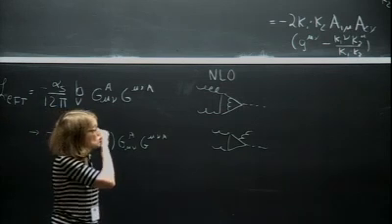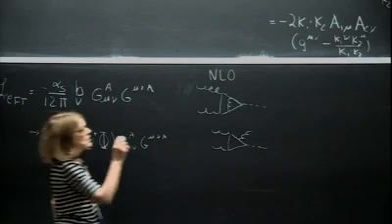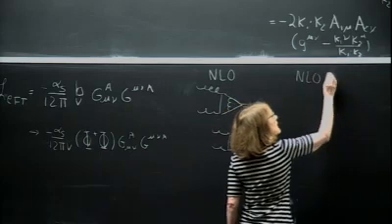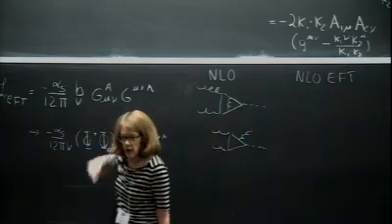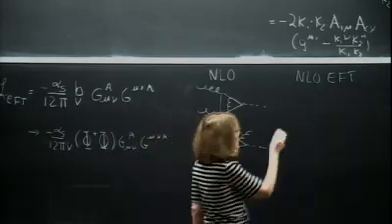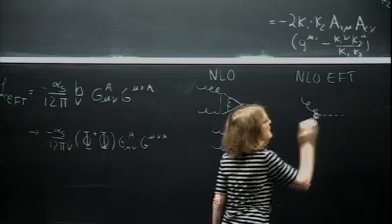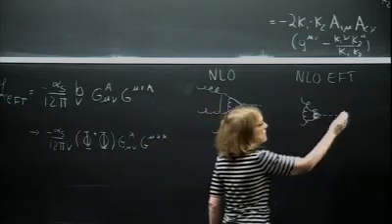But what I want to do is use an effective field theory. So NLO EFT. I want to use this effective field theory, which corresponds to MT goes to infinity, which gives me an effective GGH vertex. So now I can calculate the virtual corrections.